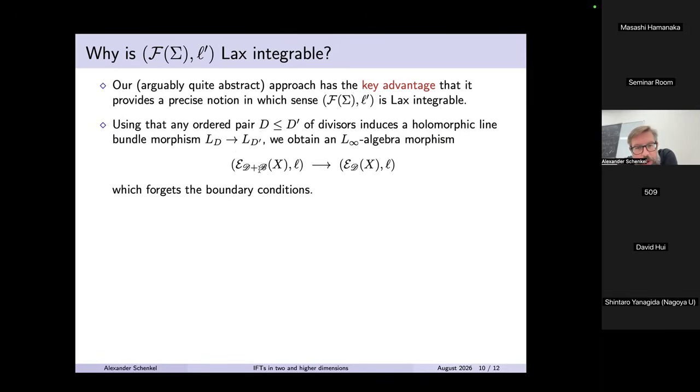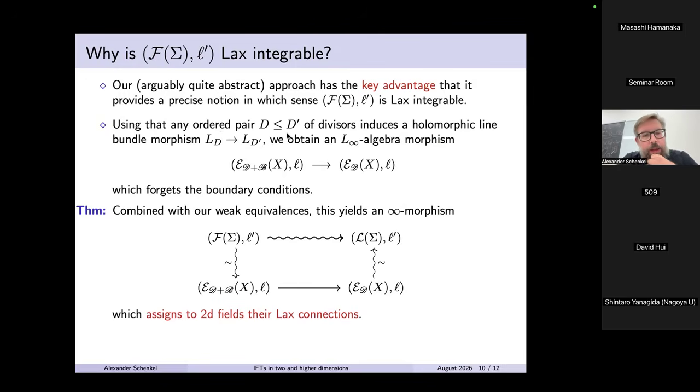Now, boundary conditions are non-positive divisors, so they're always smaller than zero. So you can map from the L-infinity algebra with singularities and boundary conditions into the L-infinity algebra with only singularities, forgetting the boundary conditions. This is using these holomorphic line bundle maps.